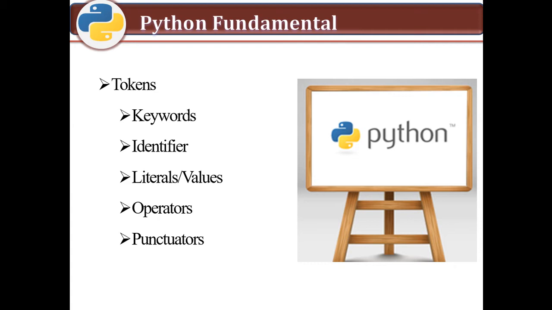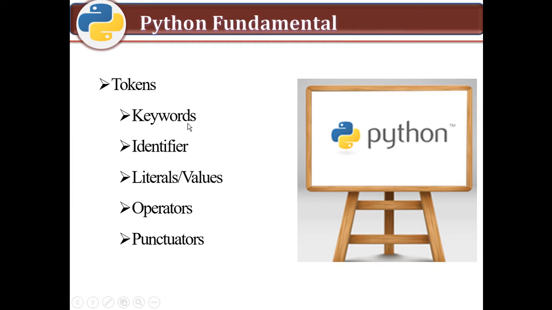For example, if we write any line of code, it is broken into the smallest lexical units or smallest parts, and each of these smallest parts is called a token. And then we categorize all these tokens into the following categories: keyword, identifiers, literals or values, operators, and punctuators.